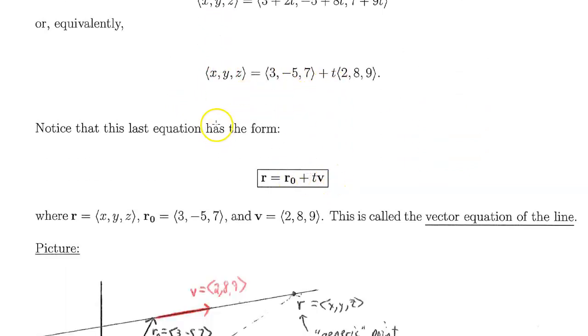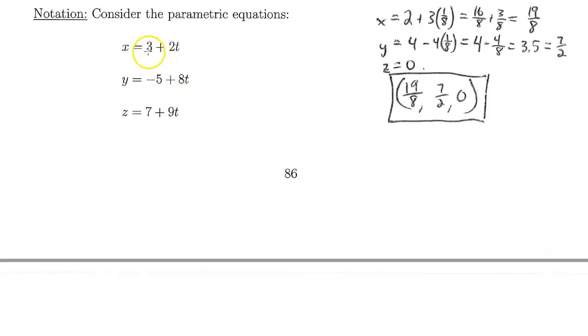And notice this last equation has the form r equals r naught plus tv. Now the r and the r naught and the v, those are vectors. The r is really just x, y, z. The r naught is the 3, -5, 7. If you go back up here, it was these numbers right here, 3, -5, 7. That was our r naught.